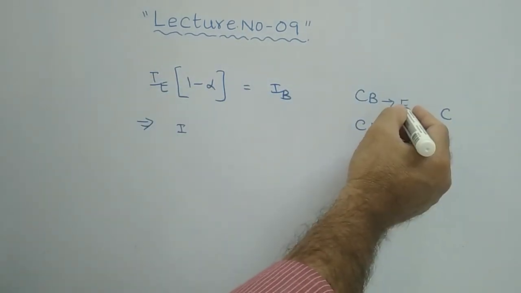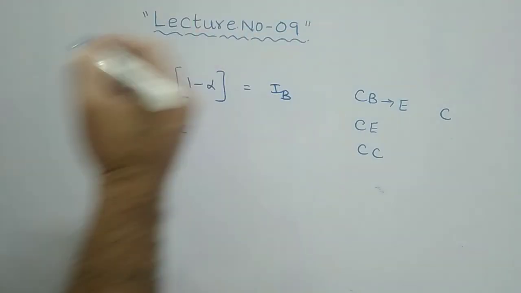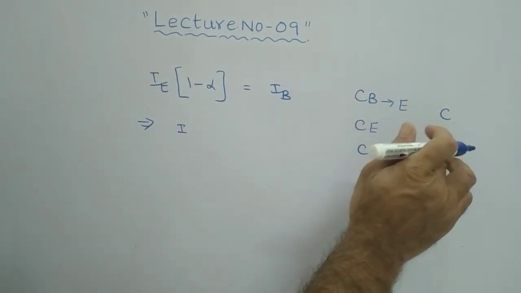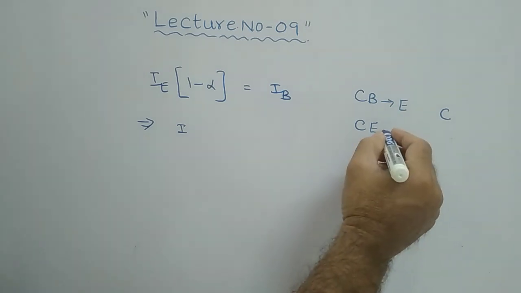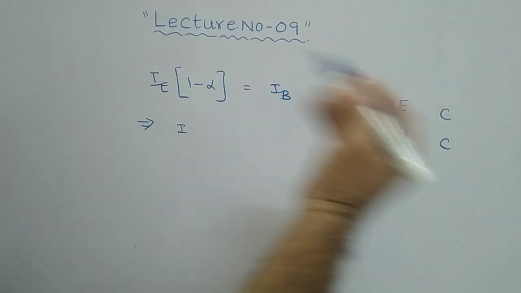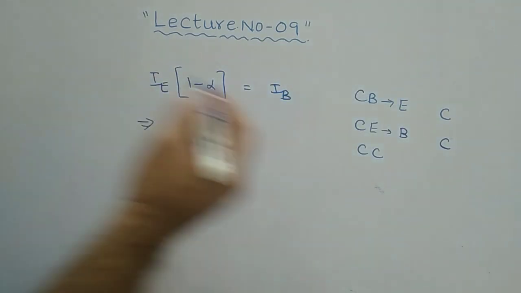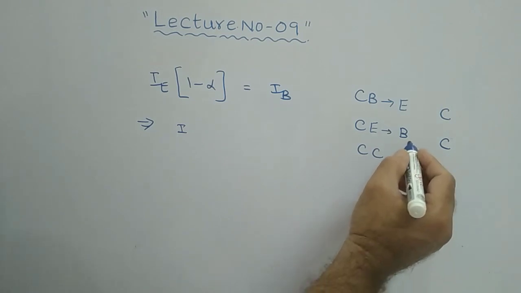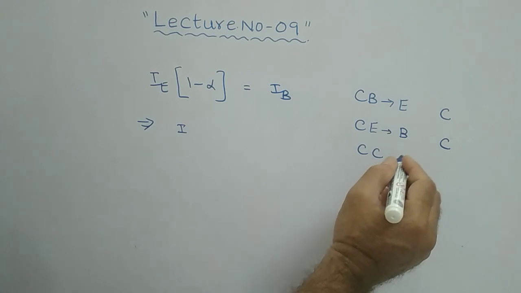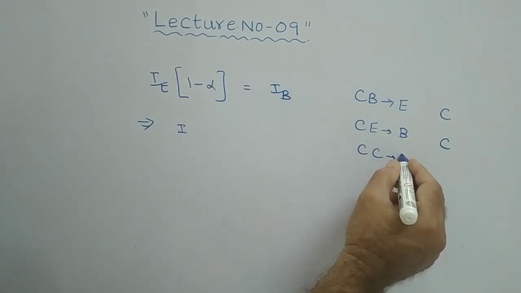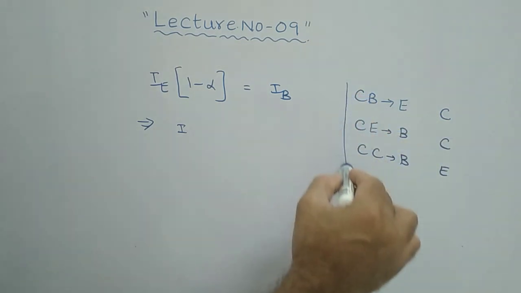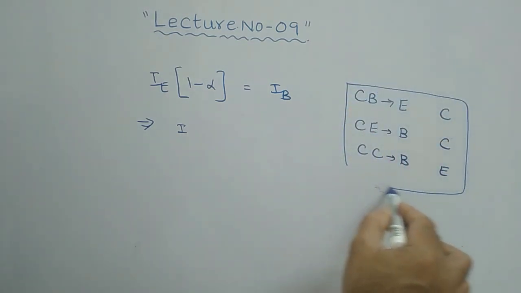In CE, the emitter is ground, therefore the base terminal is taken as input and C as output. Whereas in common collector, the collector is kept as ground, therefore the base is input and the emitter is output. So remember this particular sequence, this is very important.